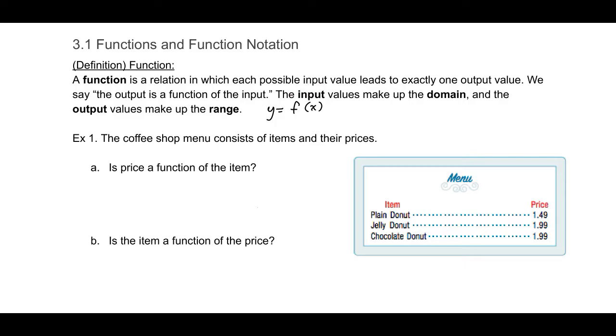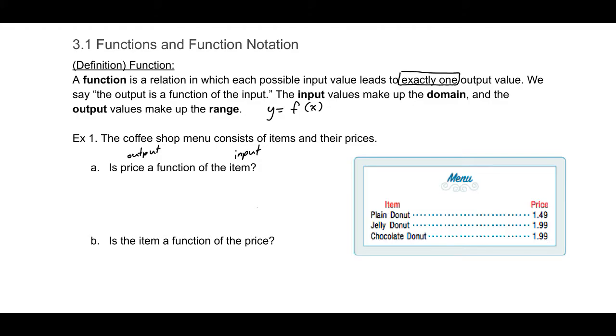Now, with this coffee shop menu, the first question is: is price a function of the item? That is, items are our input and price is our output. So does every item have a unique, that's where this exactly one, does every item have a unique price?